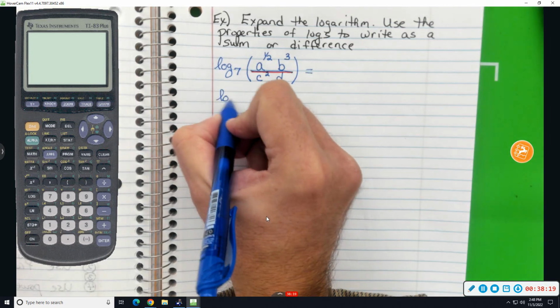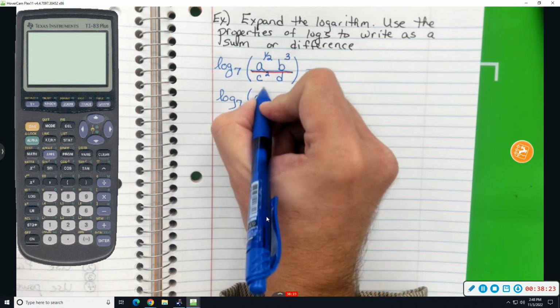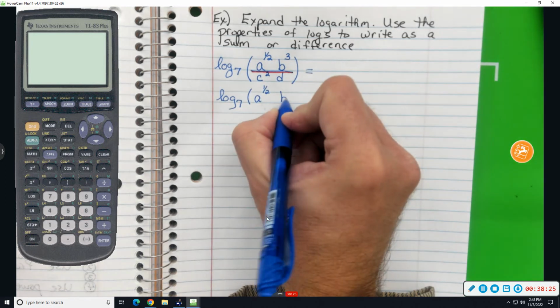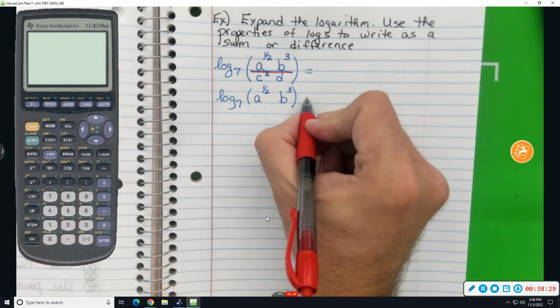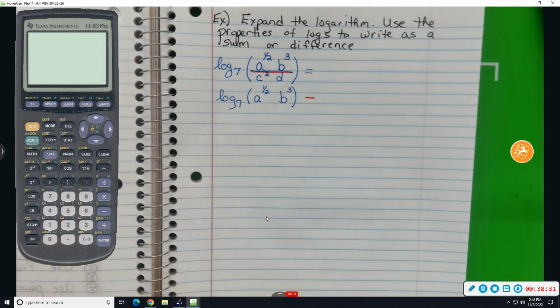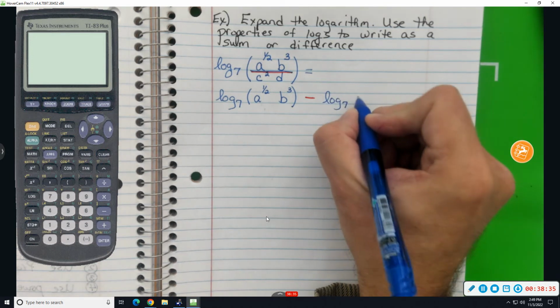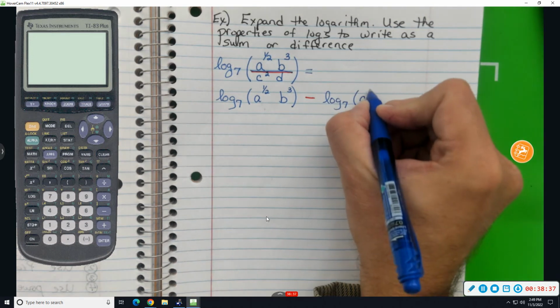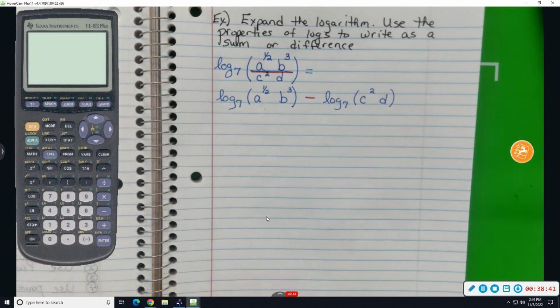Log base 7 of the top, a to the 1/2 b to the 3rd, minus log base 7 of c squared d. So that's the quotient rule. It says log top minus log bottom. Okay?